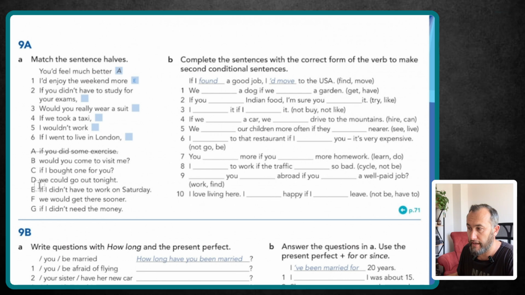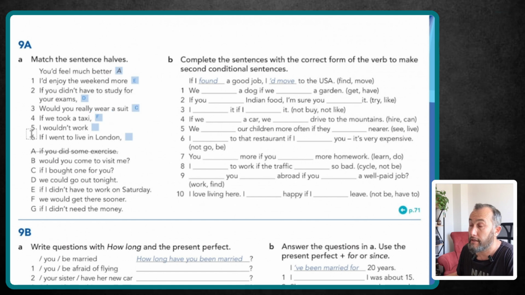We could go out tonight. D is good. So I'm going to put D here. Number 3, would you really wear a suit if I bought one for you? C. Yes. Number 4, if we took a taxi, we would get there sooner. Logically makes sense. F.